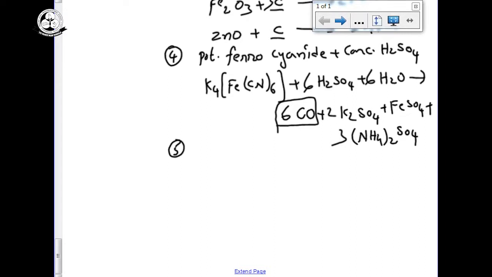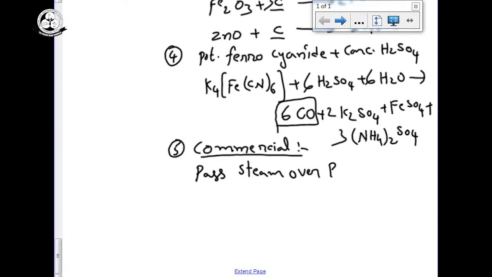How do we prepare it by the commercial method? Commercial method means large scale preparation. The commercial method of preparation of carbon monoxide is to pass steam over red hot coke.